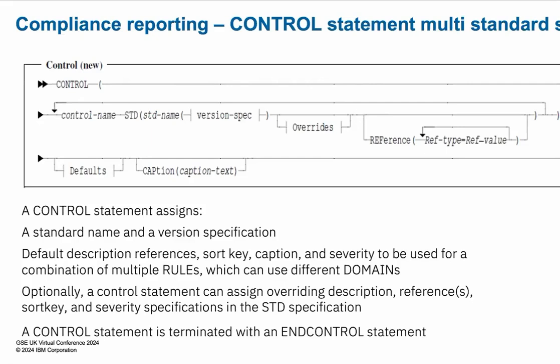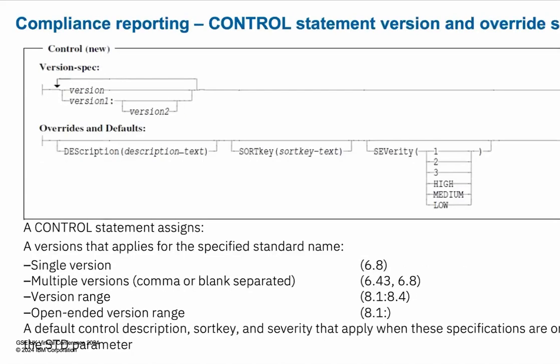So the control statement always ends with end control, and this is what we are implementing in the syntax of all those rules or recommendations, controls that you're seeing. And the control name assigns a version. As you can see, before we had single version, now we have multiple versions.